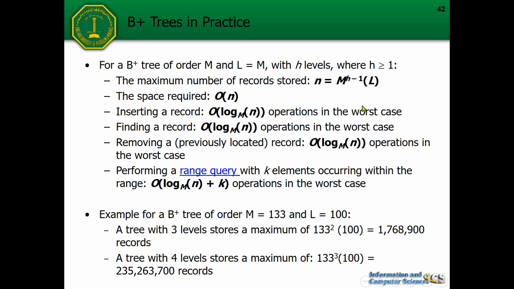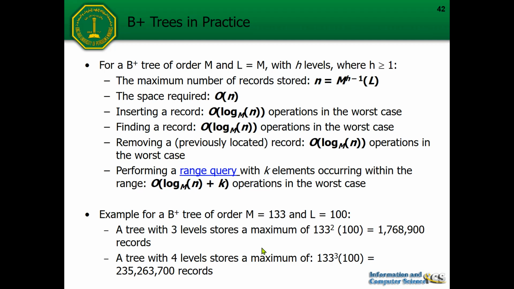This is not difficult to think of. Let's look at this. For example, we have a tree with 3 levels, including the root. So there will be the root, one internal node level, and one leaf level. Now we have M equal to 133. So from the root to the internal nodes, there will be 133 branches. Then each internal node will have the same 133 branches also.